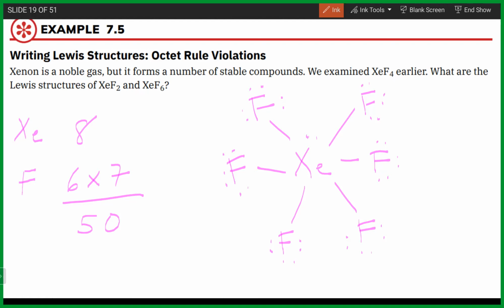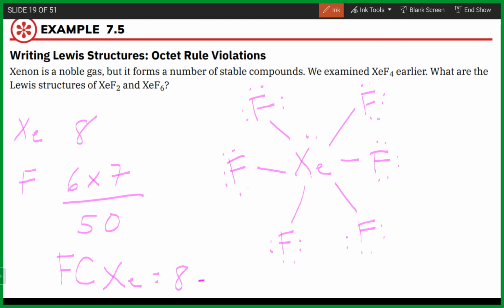Sometimes the dots are a little tough to show with the stylus I have. But again, if we look at the formal charge, fluorine, all single bonds, 3 sets of lone pairs. So the fluorines are going to have a formal charge of 0, which means that the xenon has to be 0, since the neutral molecule overall balances out to the overall charge, I should say. But if we just look at the xenon, we'll do FC, formal charge of xenon.